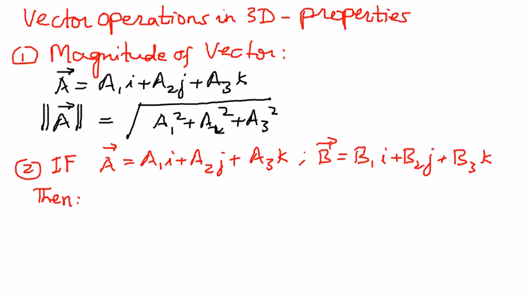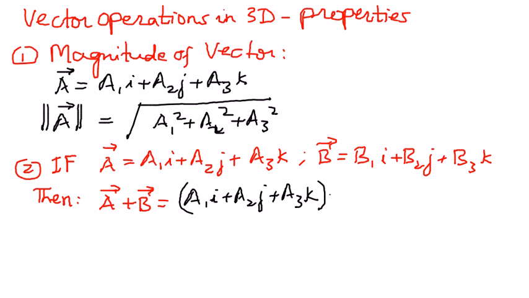Then vector A plus vector B, we can write as follows: a1i plus a2j plus a3k plus b1i plus b2j plus b3k. Right?